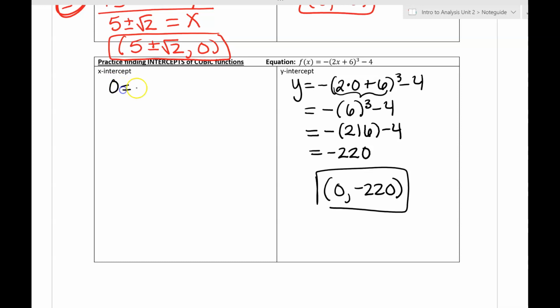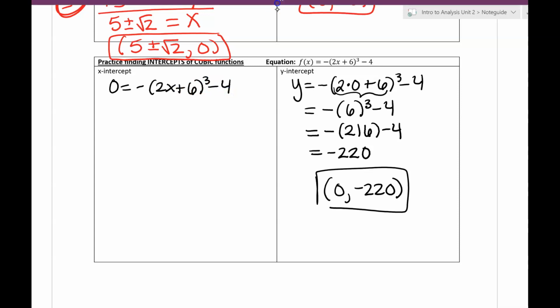And then we go through the x-intercept. So again, we plug 0 in for y. And again, this is so similar to the quadratic. It's just that the power is 3. Since all of our x's are contained inside of this third power, we first want to focus on getting that alone. So I'm going to add 4 to both sides.